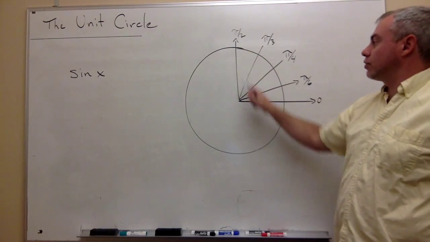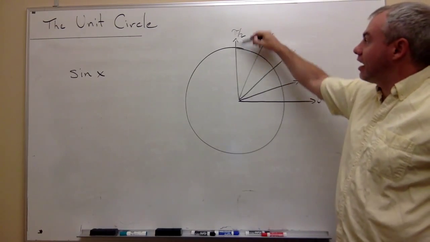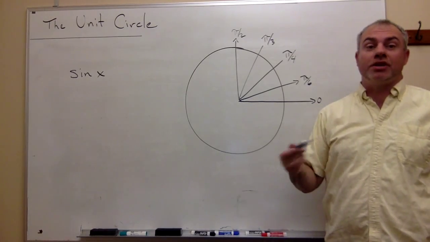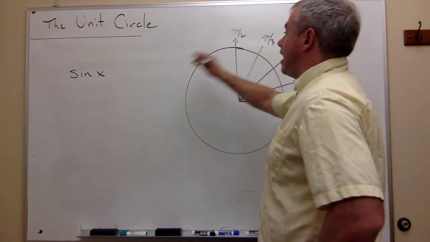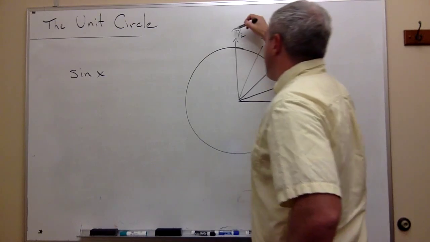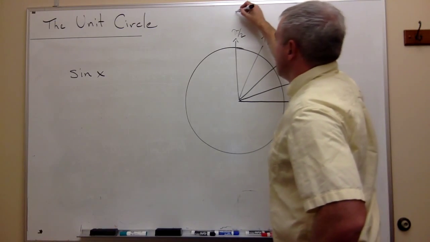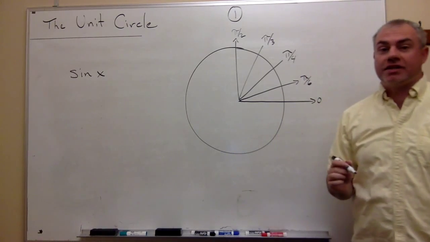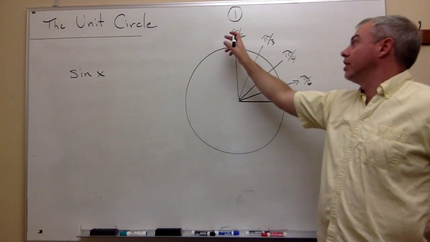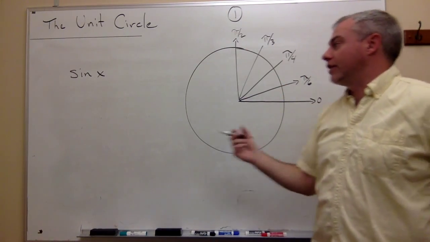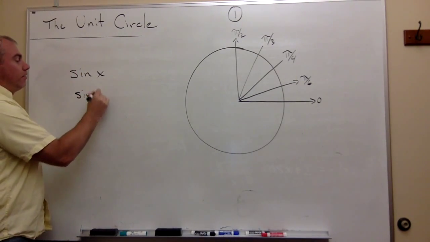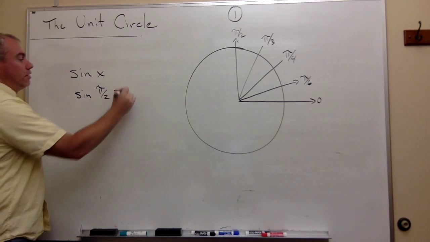And if sine goes with the y-axis, then sine of the positive y-axis is going to be 1. Okay, so sine of pi over 2 is 1. And I'm going to circle that again to remind us that that's the sine value of pi over 2. So if I were to write it over here, I might write that sine of pi over 2 is 1.